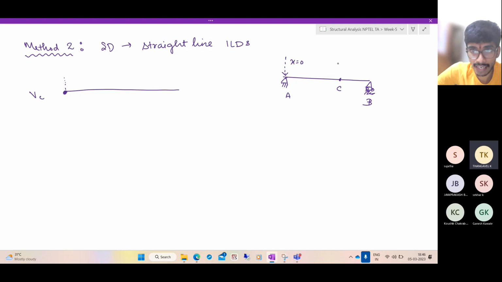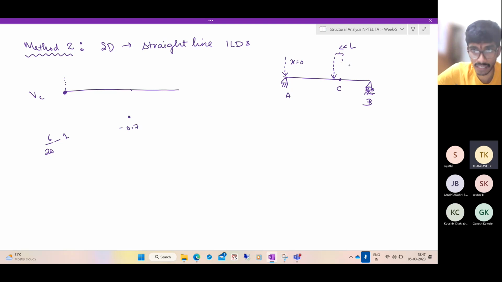When the load is somewhere here, just to the left of the point C, say this distance is very, very small, almost at the point but just to the left, what will be the function value at the point C? Find out the reaction at the point A. It is 6 by 20. So the value here will be 6 by 20 minus 1, which is 0.3 minus 1, which is minus 0.7.